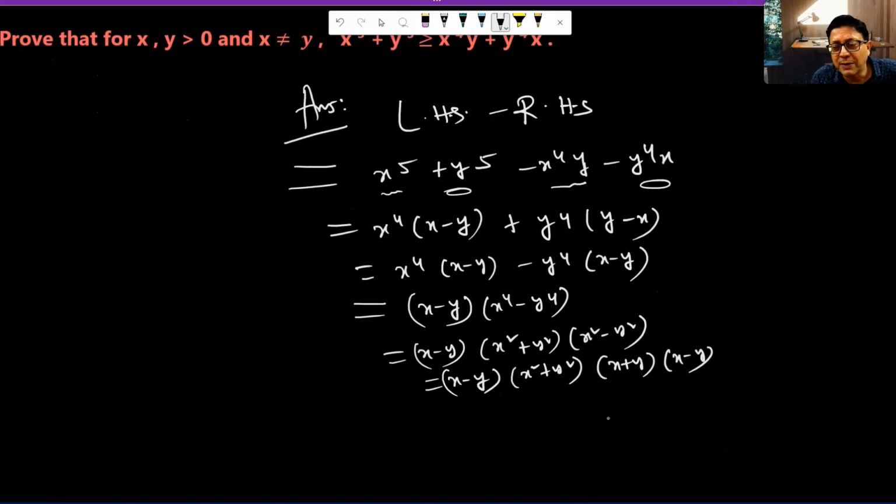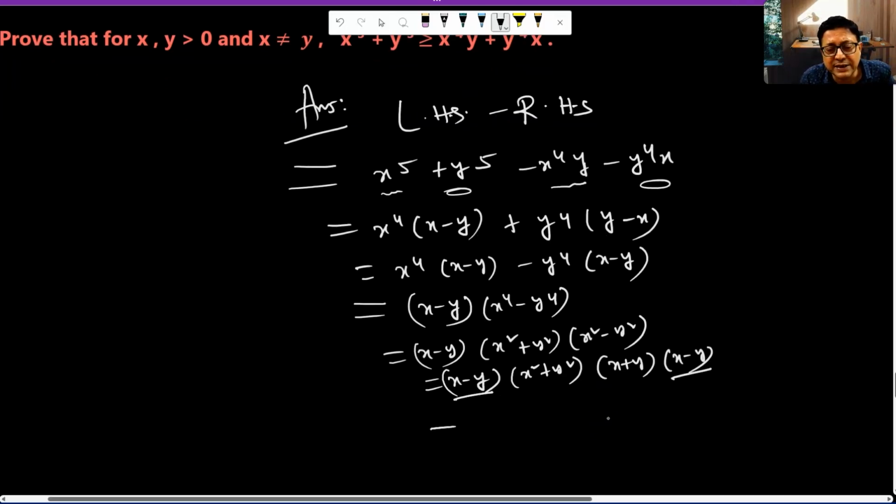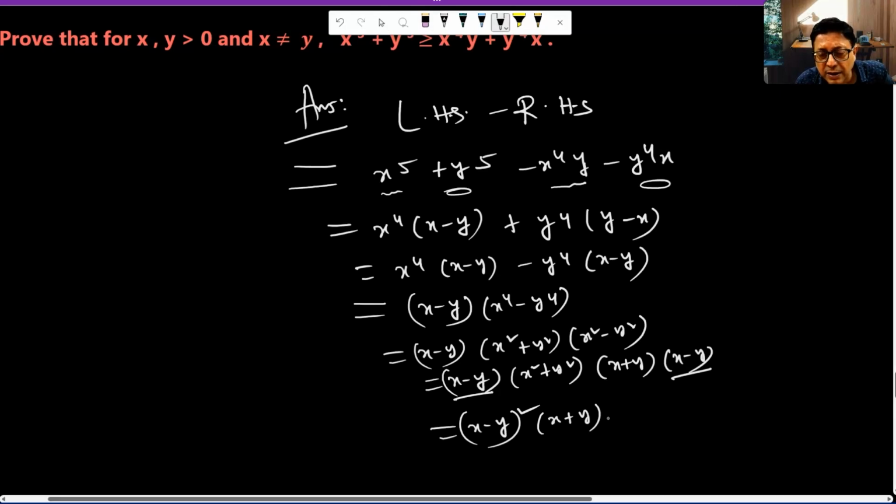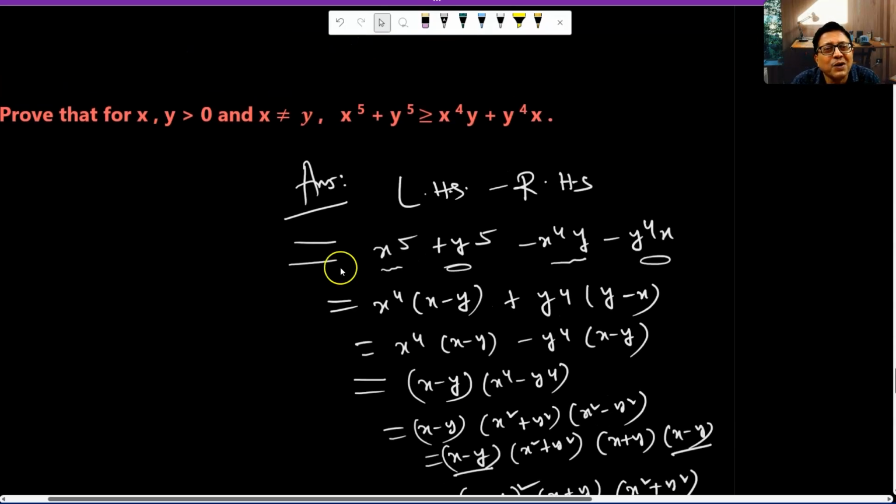Now x minus y is repeating. So write x minus y whole square, x plus y, and x square plus y square. Look at the sum, we got success probably here also.